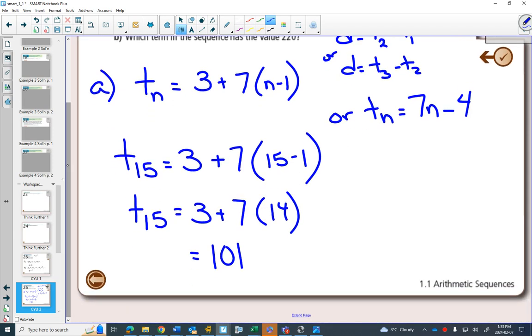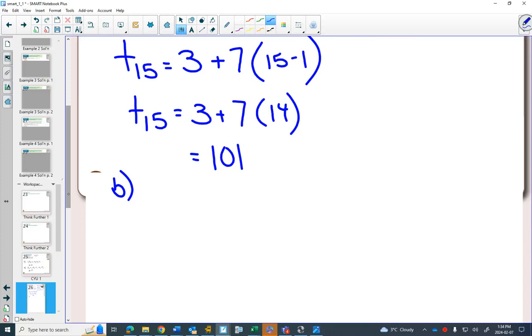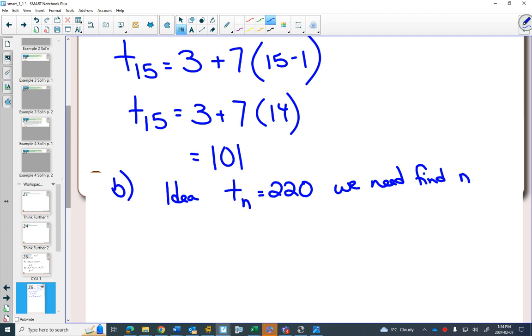Now in part B, it says, which term in the sequence is 220? So there's some term somewhere that's equal to 220. Again, we can use our formulas. The idea here is there is some term that's 220 and we need to find out which one it is.